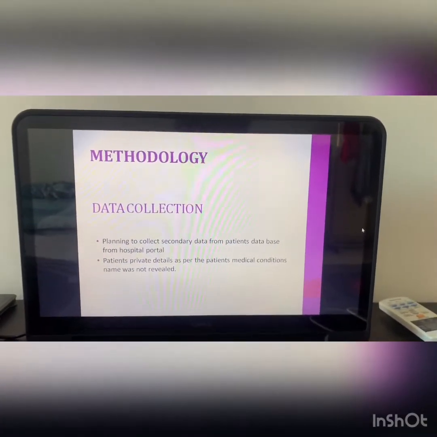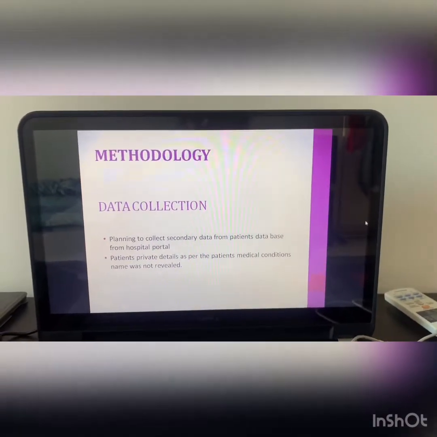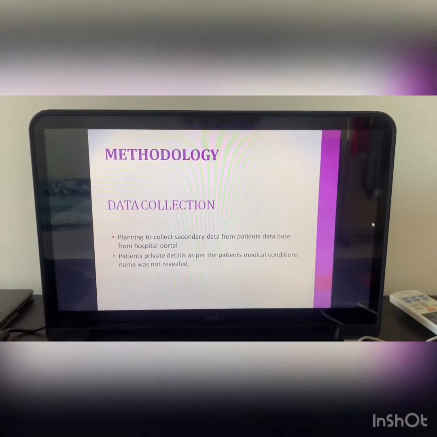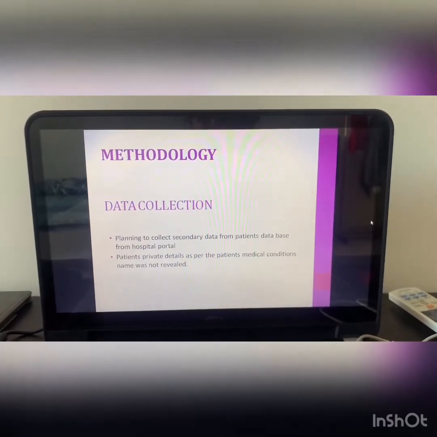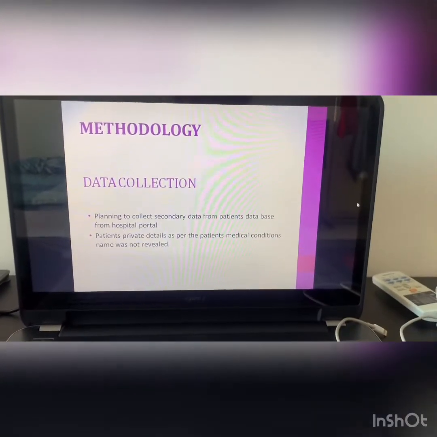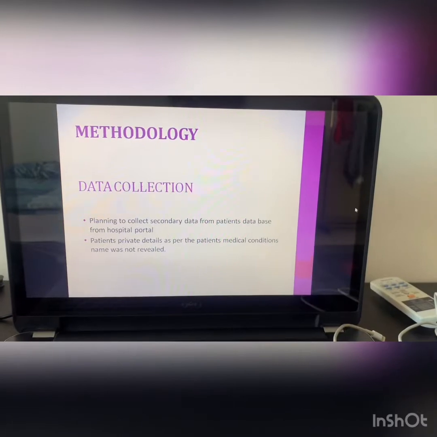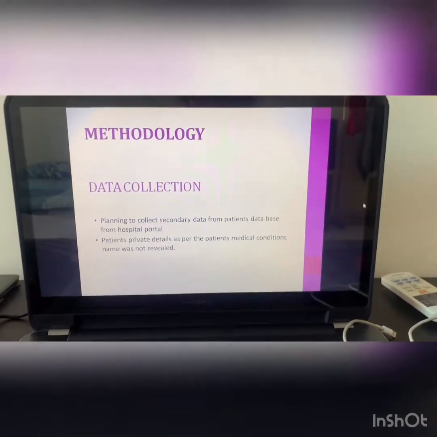Only the needed data such as the age and the parity number of the patient will be taken, and this will be done under proper supervision of the hospital authority.